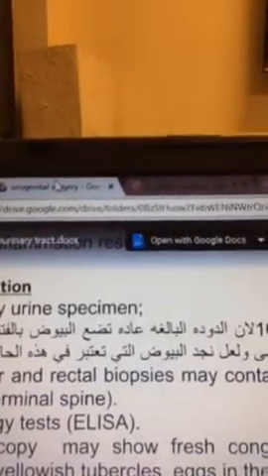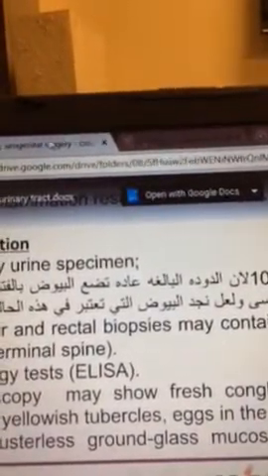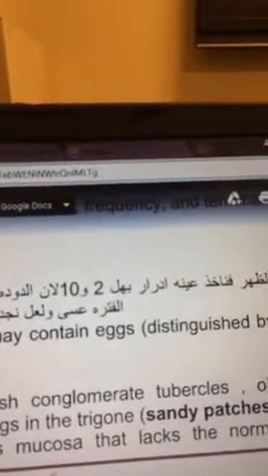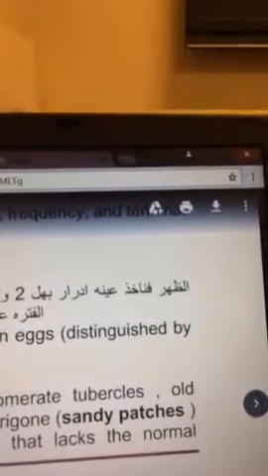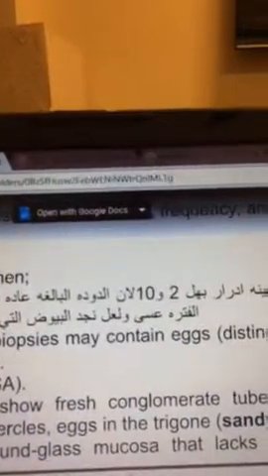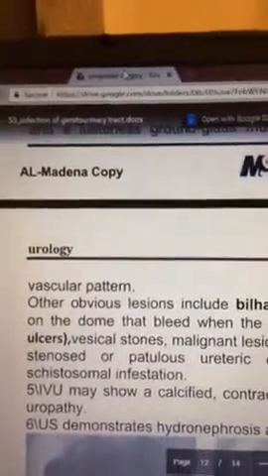Serology tests like ELISA, and cystoscopy, may show fresh conglomerate tubercles, old calcified yellowish tubercles, eggs in the trigone, sandy patch, and lusterless ground glass mucosa that loses the normal vascular pattern.